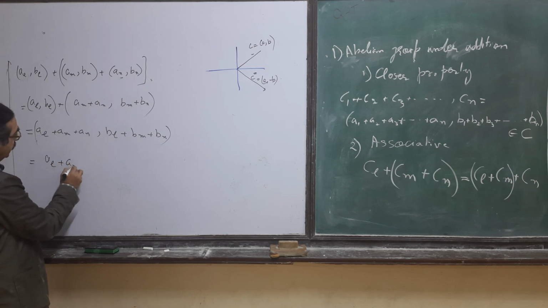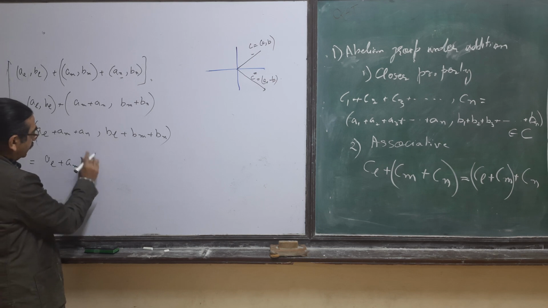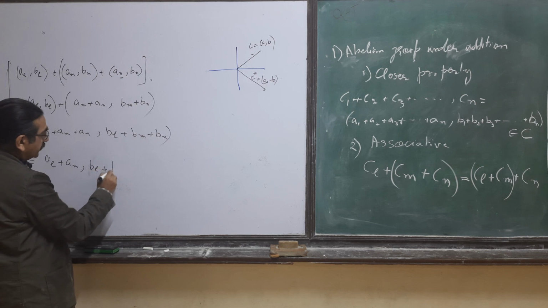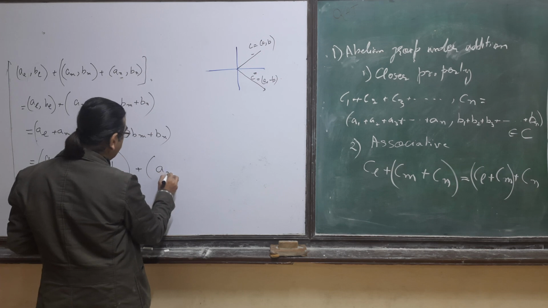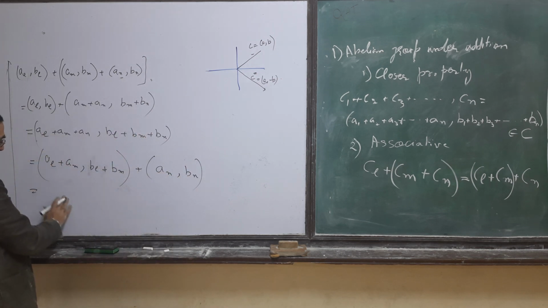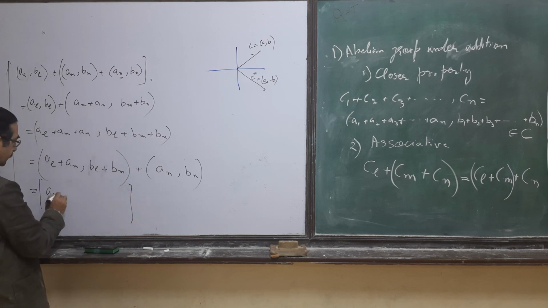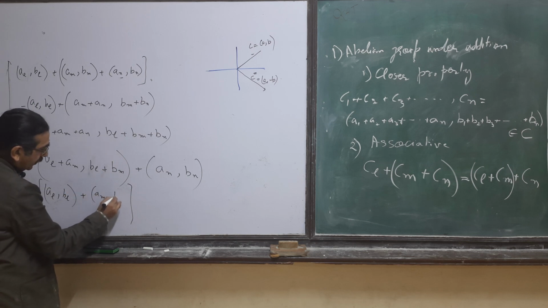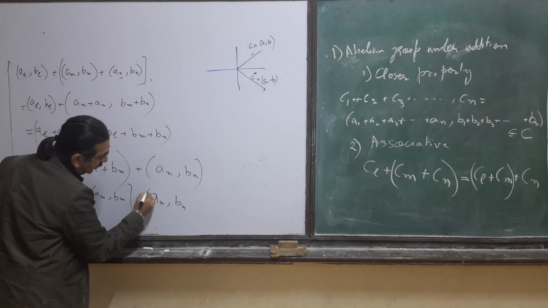Al plus Am, Bl plus Bm, An Bn. What is this? (Al, Bl) plus (Am, Bm) plus (An, Bn).